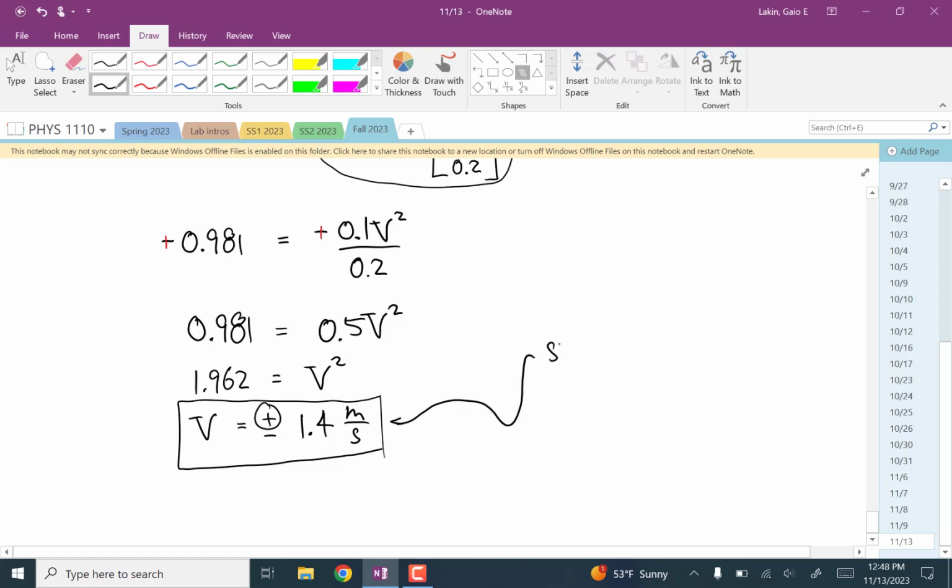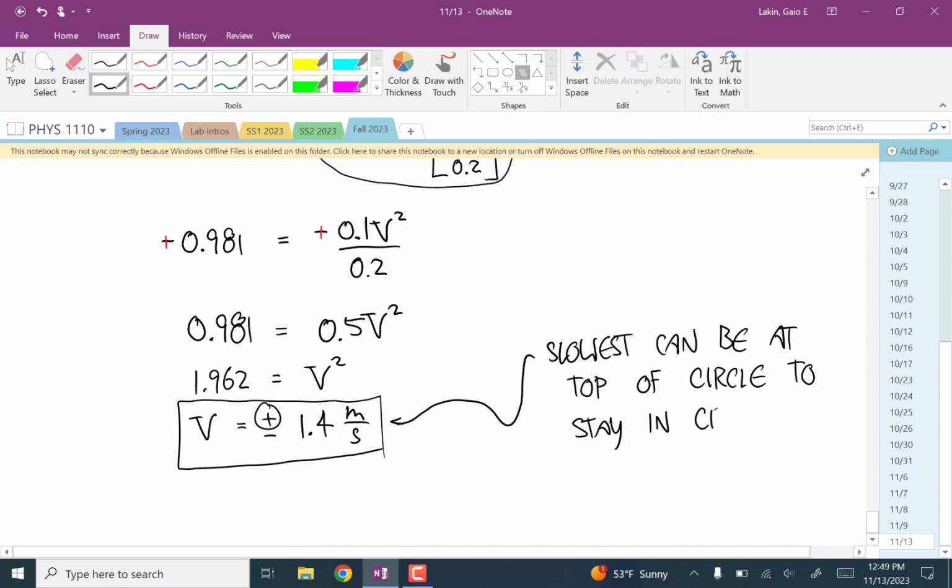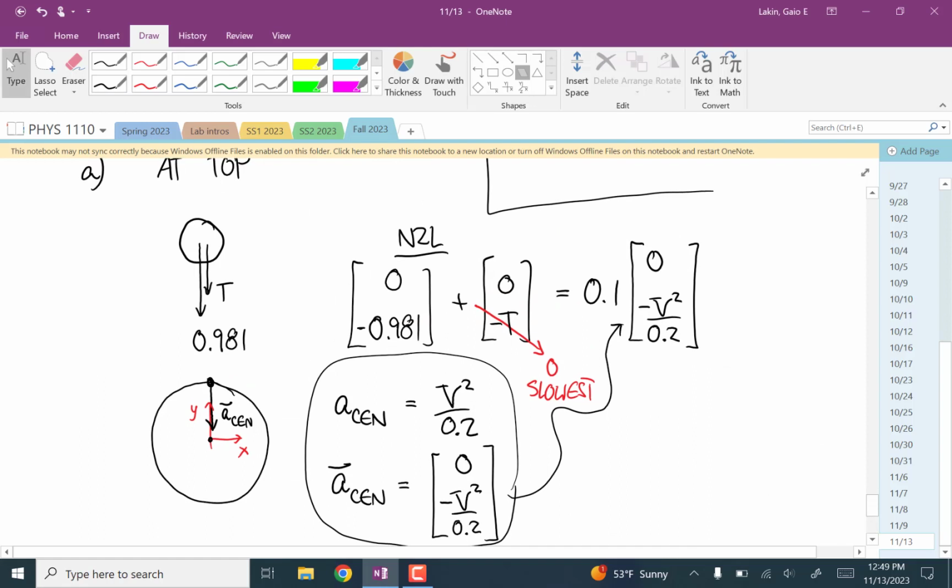Okay, so that's the slowest this mass can be at the top of the circle and still stay on the circular path. You just take the T out. Yes, what we said is, if it's going faster than this, then that cable has to pull on the thing to keep it in its circular path.